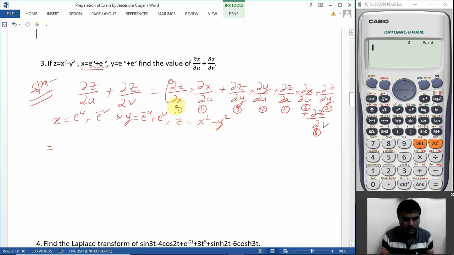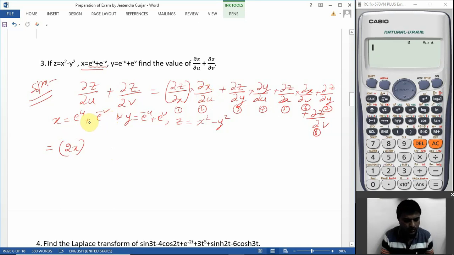So I am going to substitute this one by one. First I will substitute dou z upon dou x. It is 2x. Is it clear? Then differentiate x. Here is the x given here, friends. Differentiate this with respect to u. So v is going to become constant. E raised to minus v is directly 0. So the variable we have is only e raised to u.